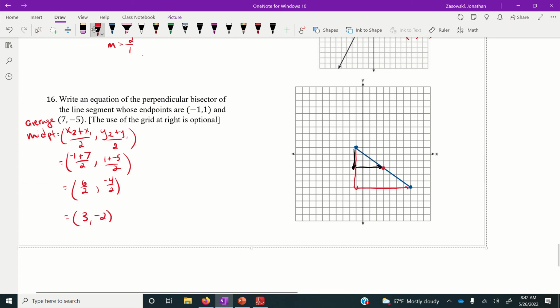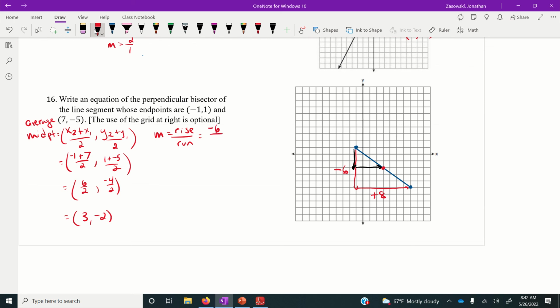All right? Now, the other thing we need is the slope. Remember that the slope on the graph is also considered to be rise over run. So we're going down 1, 2, 3, 4, 5, 6, and over 8 to the right. That means the rise is negative 6, and the run is 8. We get a slope of negative 3/4.